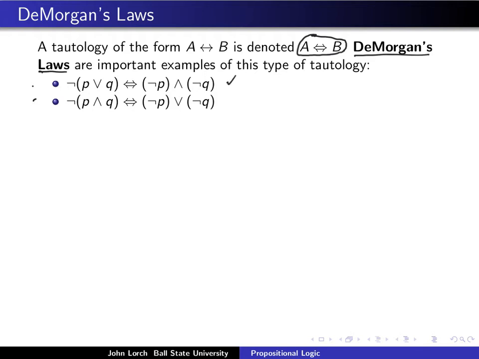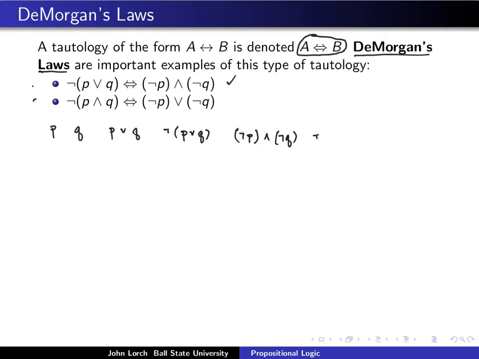So let's verify the first one using a truth table, and maybe you all can do the second one as an exercise. So let's write down a table. Maybe we do P, Q, P or Q, and then not (P or Q). And then maybe all at once we'll do not P and not Q. And then finally we have the if and only if statement.